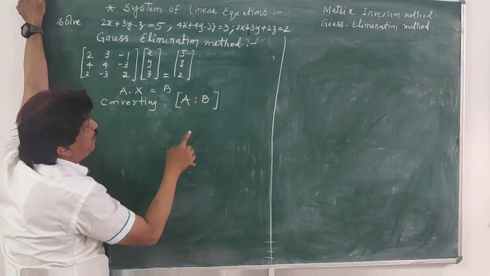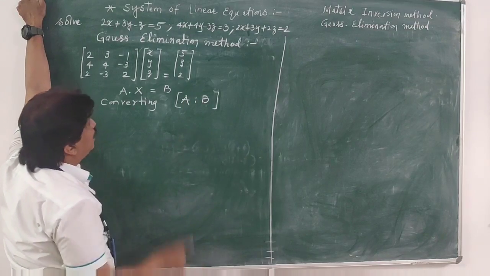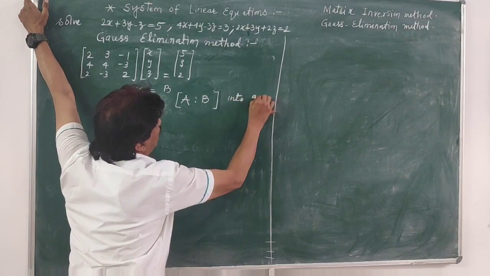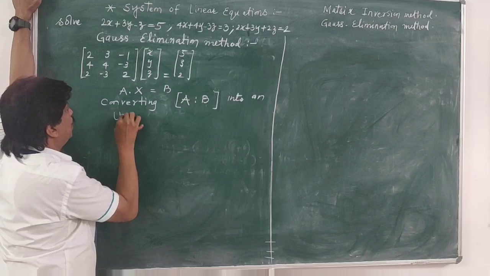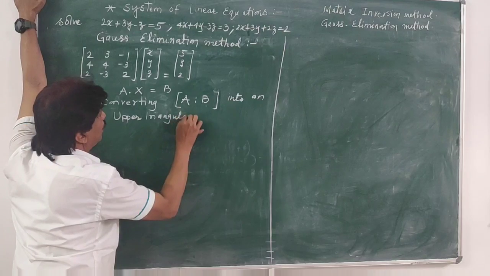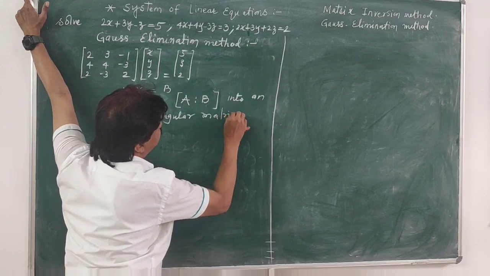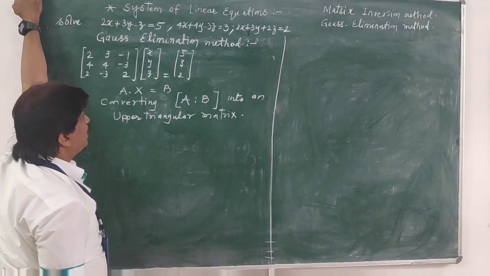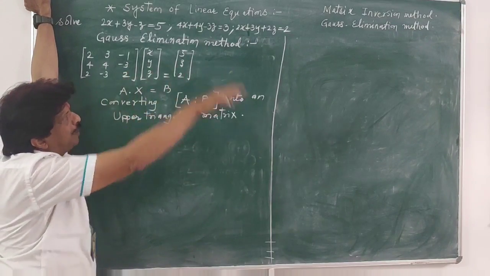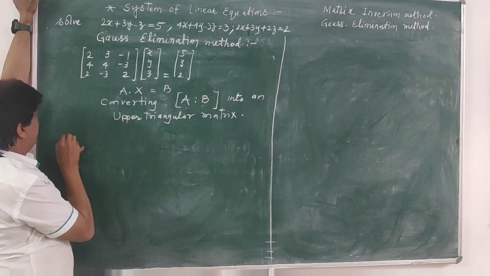This matrix A colon B is obtained by appending the matrix B to matrix A. In an upper triangular matrix the lower triangular entries are 0. And after converting this into an upper triangular matrix, by the backward substitution method we can easily solve the system of equations.